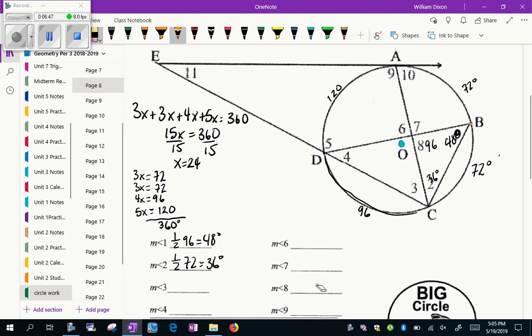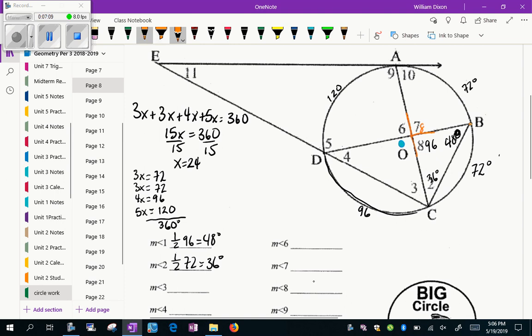Cool, I love that. All right, something else you should see is that this angle 8 is supplementary to angle 7. So if angle 8 is 96 degrees, then angle 7 has got to be 84 degrees. 180 minus 96.